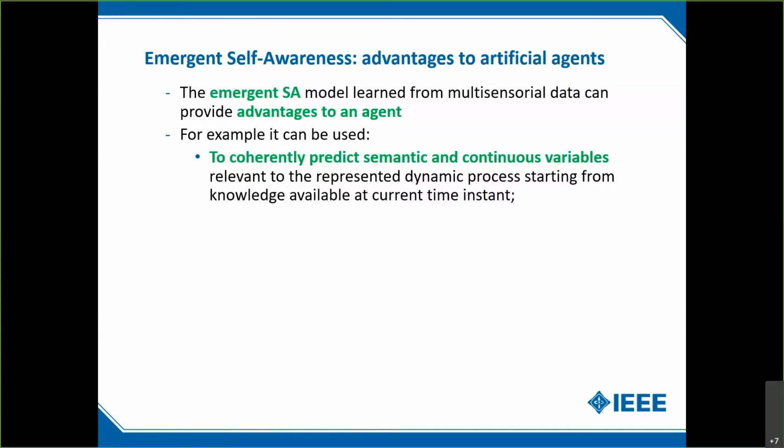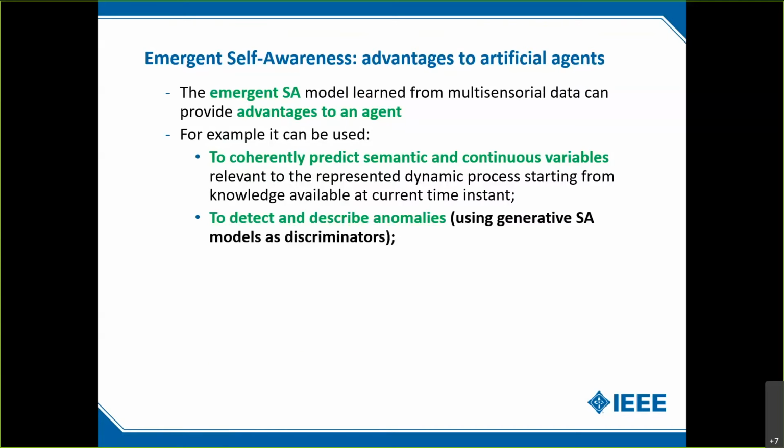And in particular, if we look a little bit at the features we want to build, this self-awareness model should allow an agent to predict what will happen in the future based on past experiences. And so the model that we learn should capture these principles at each time instant. Such a model, composed of different variables that can be learned from data, can allow us to understand if the current situation is normal or abnormal.